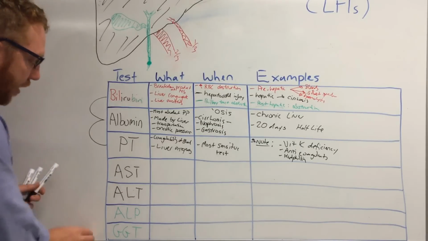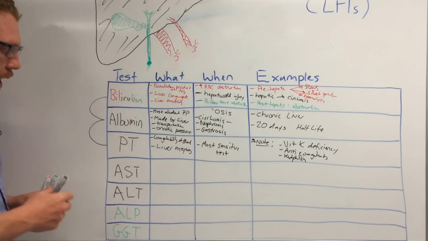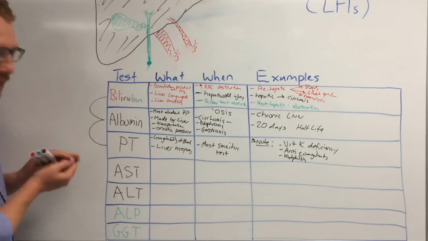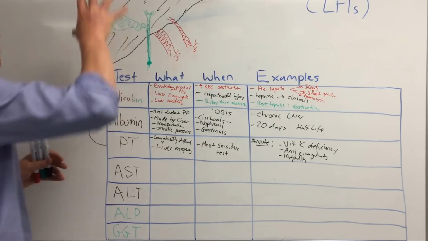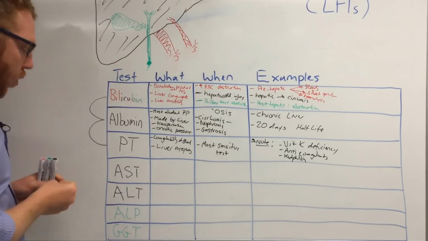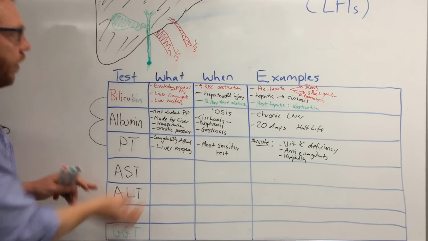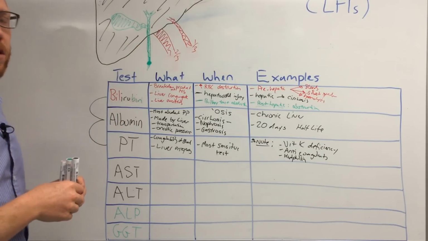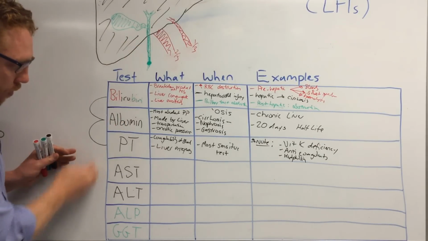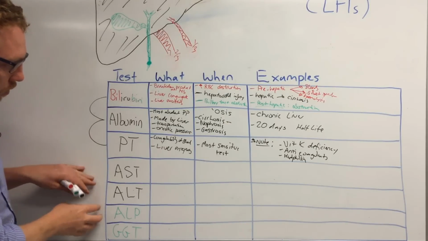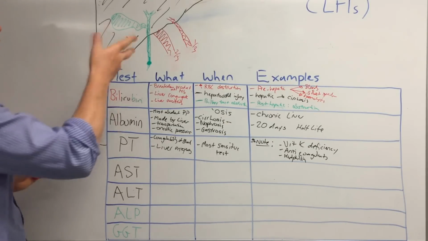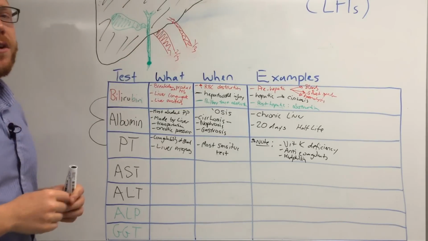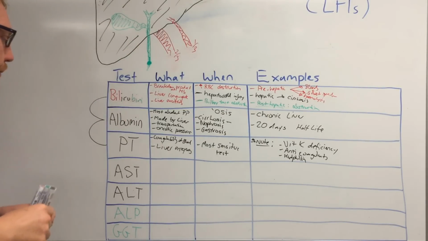Now, these last four are specific to the separation of hepatocellular injury, so liver injury specifically, or liver injury as a result of obstruction or hepatobiliary tract occlusion. These four tests will separate those two conditions, whether it's a hepatocellular origin or a biliary obstruction origin.